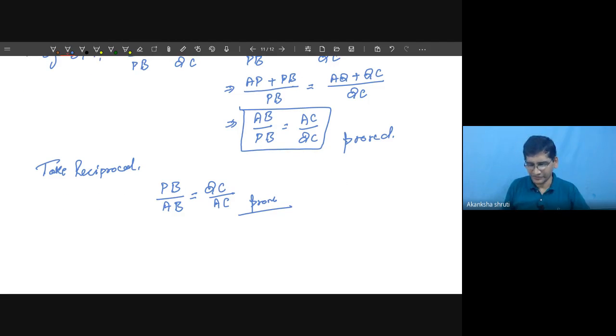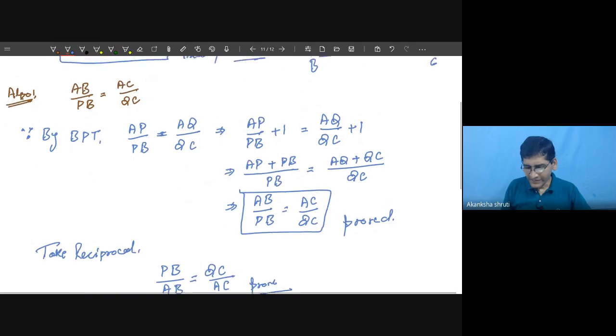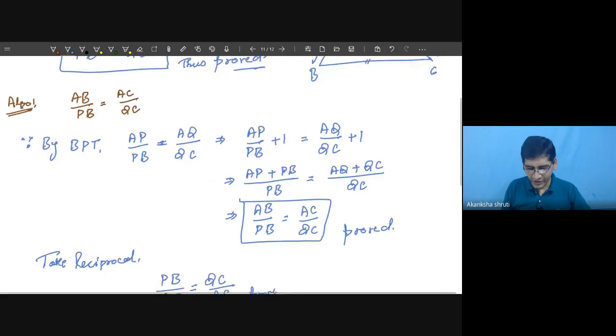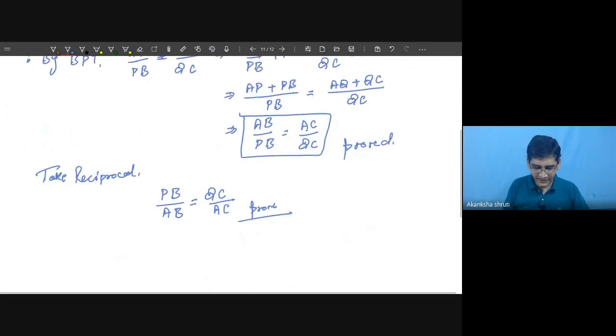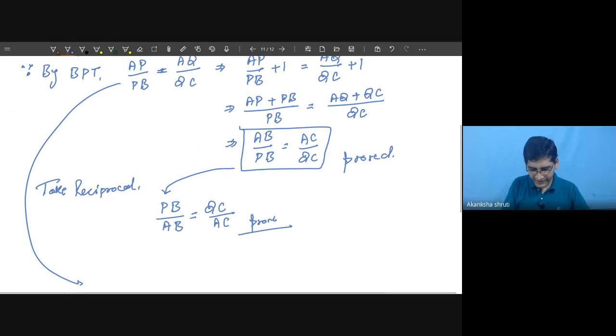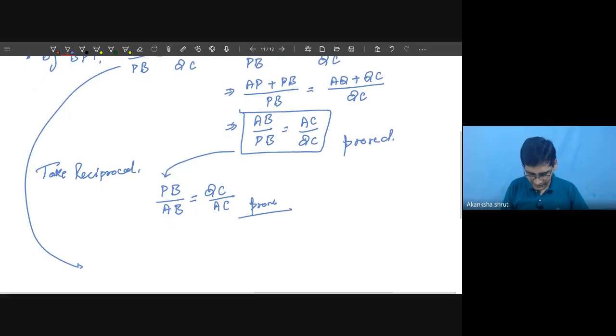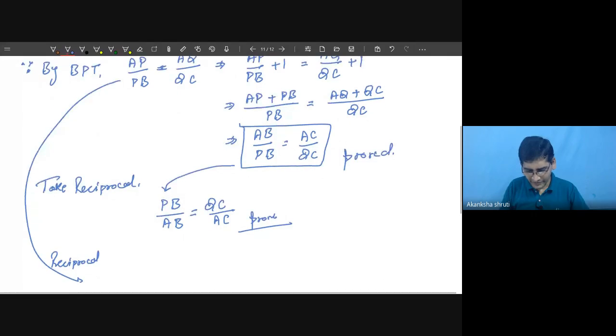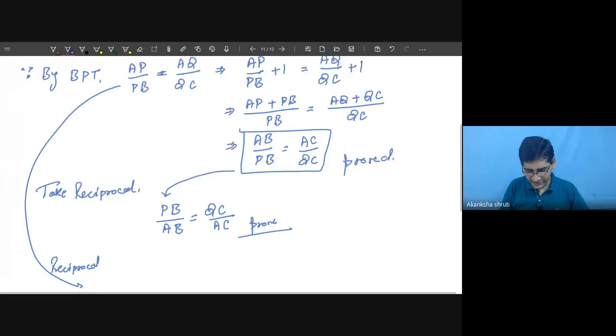It was this one. If we are applying the dividendo or just first reverting this, means taking the reciprocal, we are getting this. If we are taking the reciprocal of this one, AP by PB, its reciprocal means inverse. Numerator will be written in the denominator, denominator will be written in the numerator.